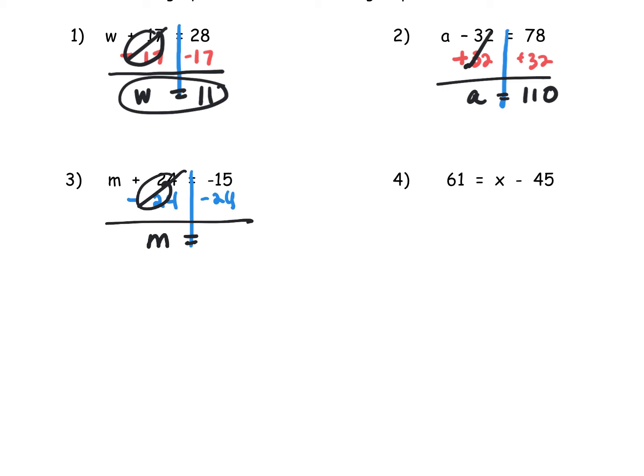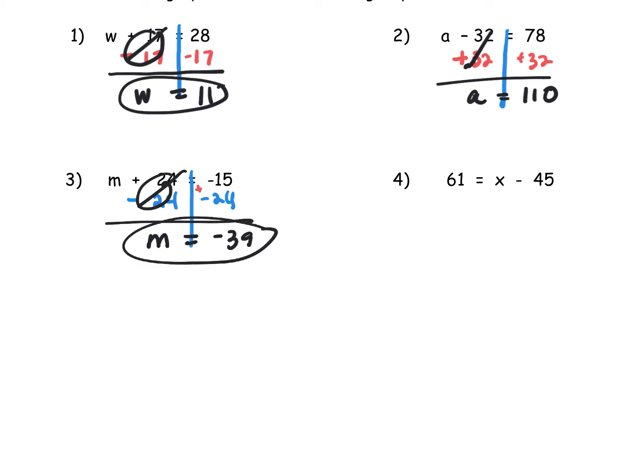We can either put it in our calculator exactly as we see it, negative 15 minus 24, or we can think about this as being negative 15 plus negative 24, in which case the answer would be negative 39.